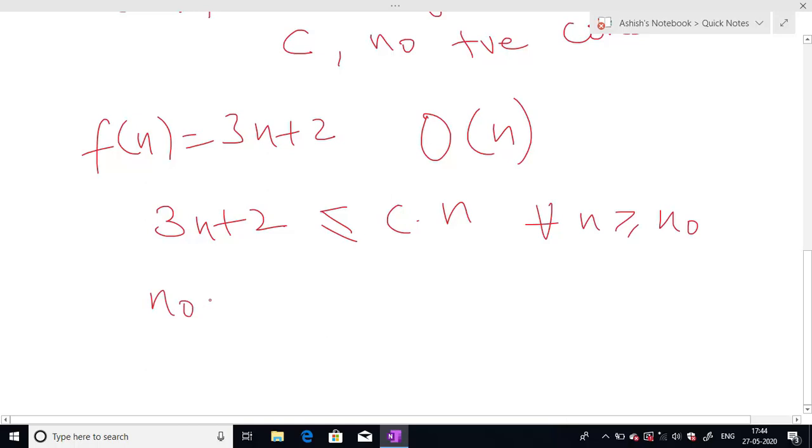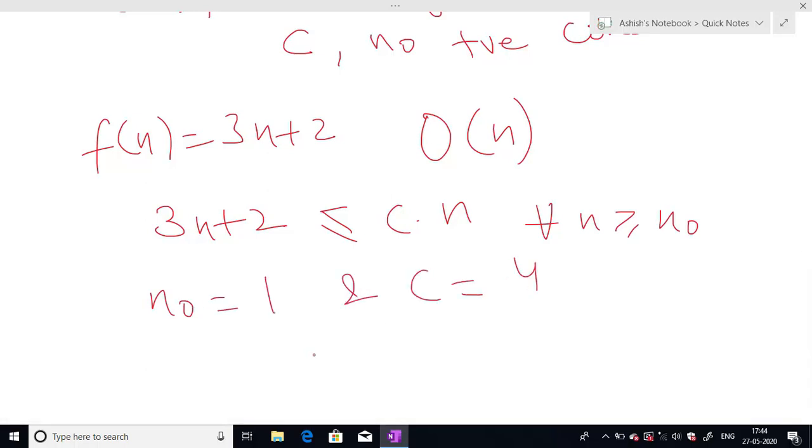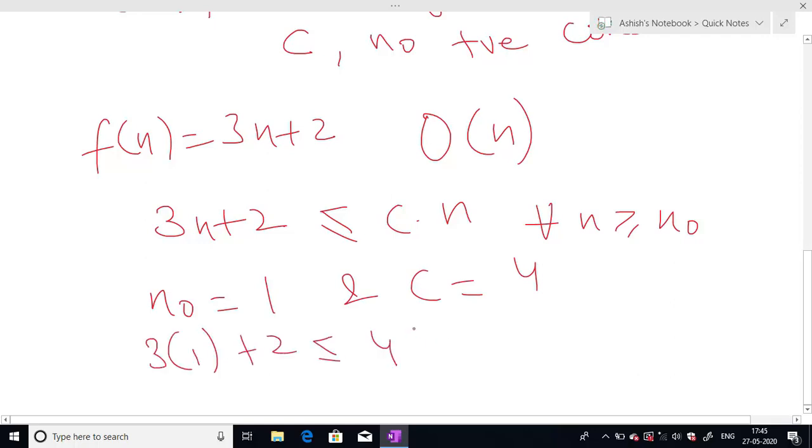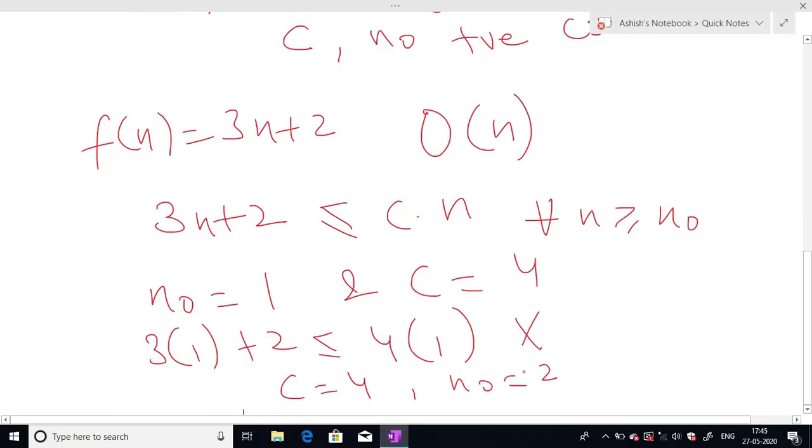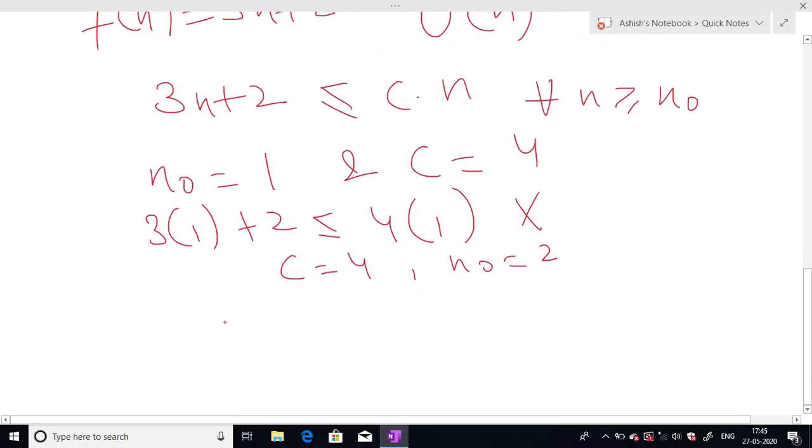For n naught equals 1 and c equals 4, we check 3 into 1 plus 2 less than or equal to 4 into 1, which is not true. So for c equals 4 and now n naught equal to 2, 3 into 2 plus 2 less than or equal to 4 into 2, which is true.